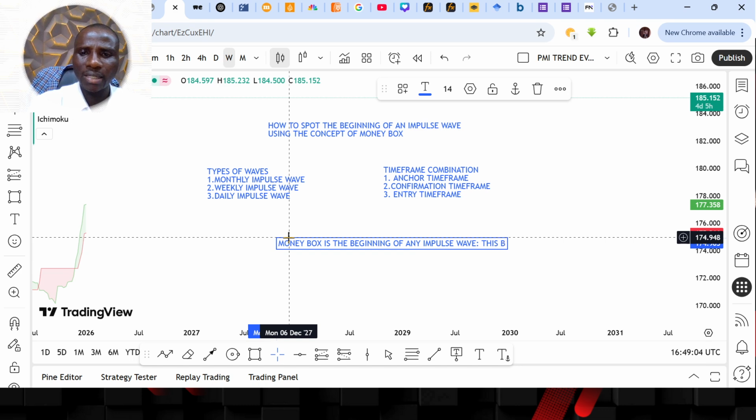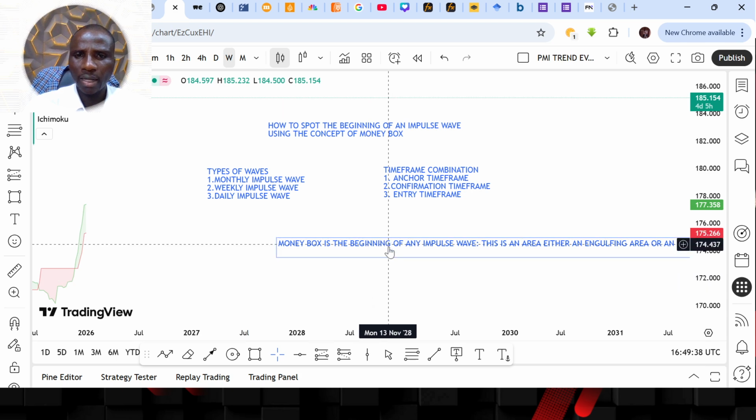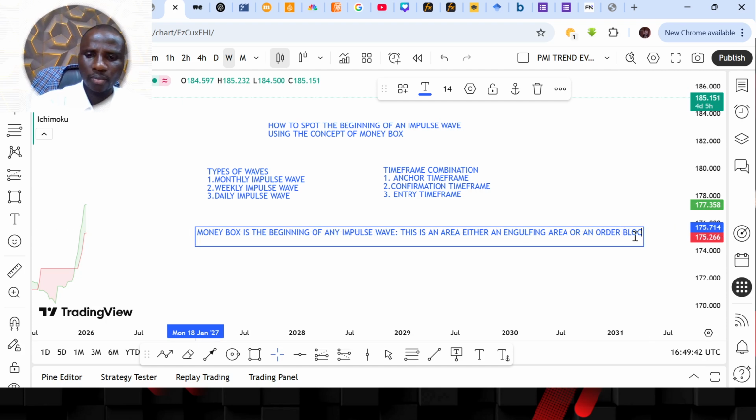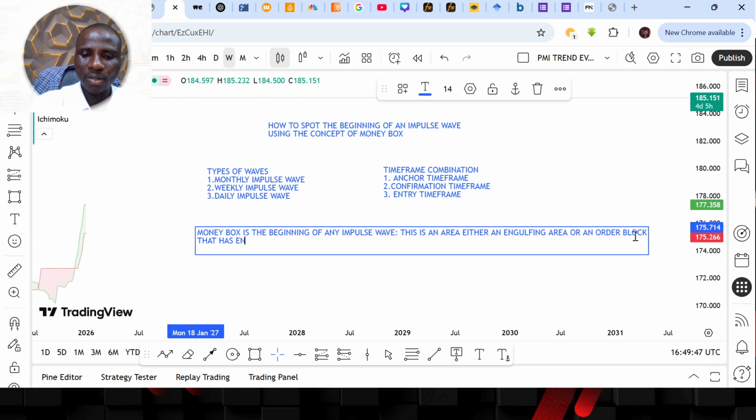And this is so because this is an area, either an engulfing area or an order block, that has enough liquidity to initiate an impulse or impulsive wave. Take note of this. Now, money box is usually the beginning of any impulse wave.